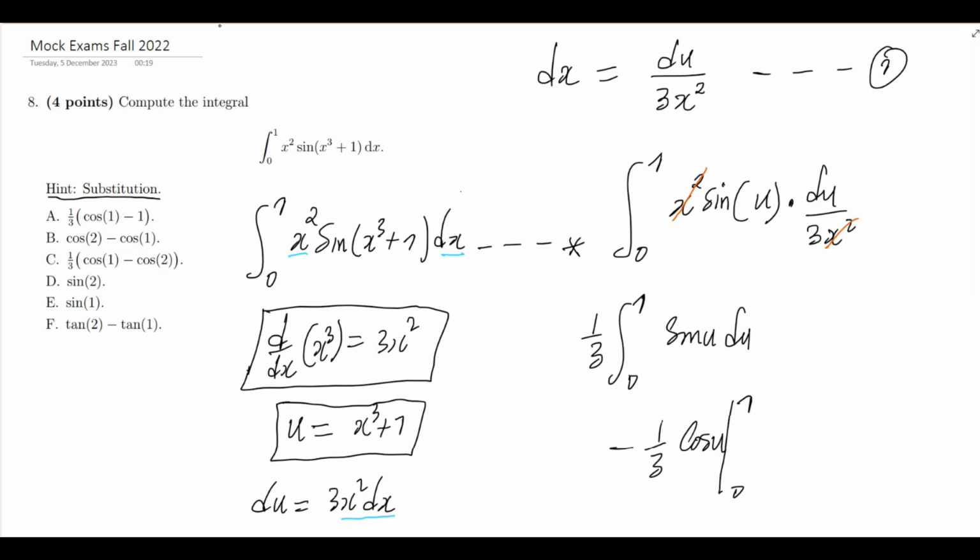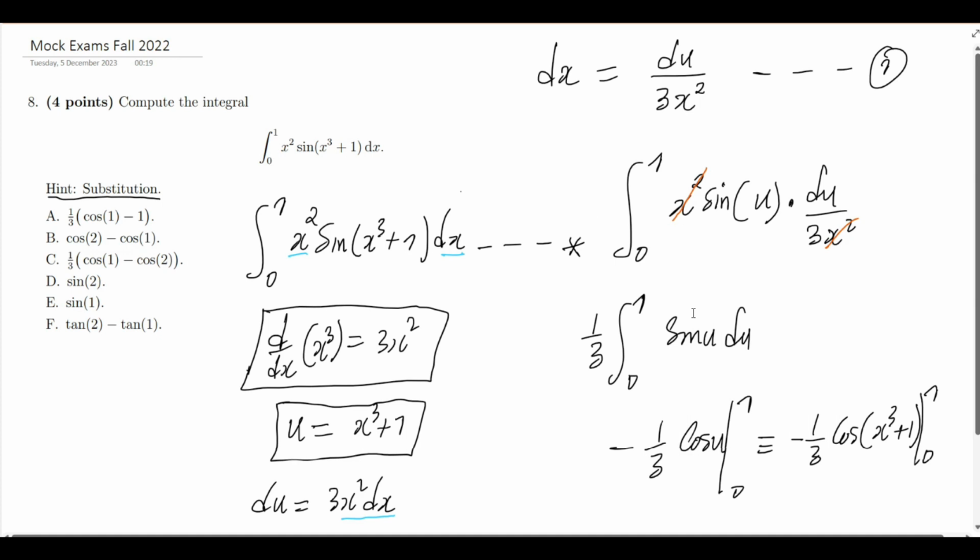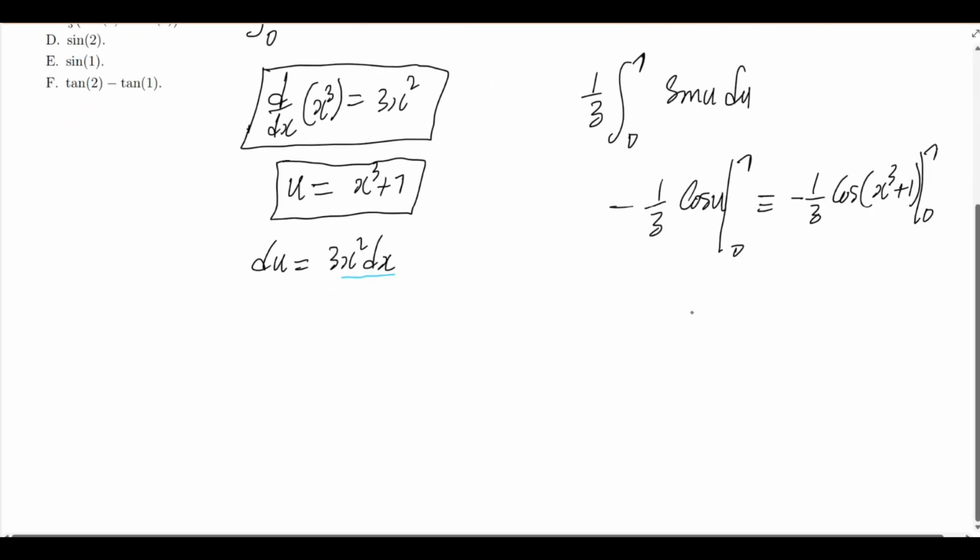And remember, you have to substitute your original variables for u. So this is equivalent to negative 1/3 cos of x cubed plus 1, with upper limit 1 and lower bound 0. So we'll go ahead and substitute the values.